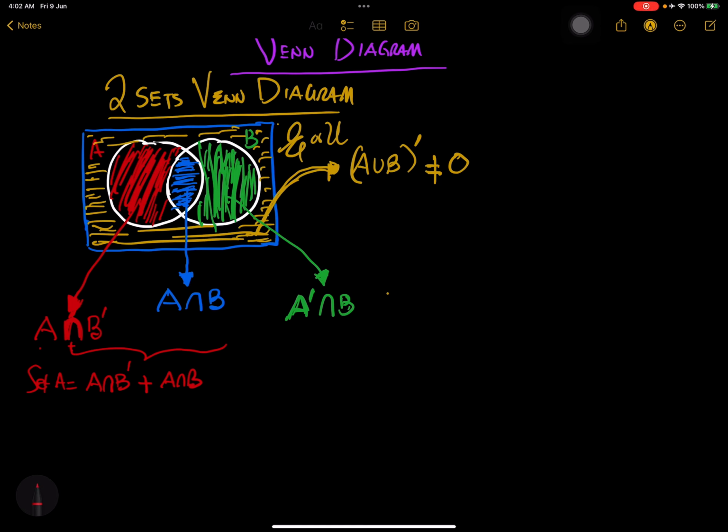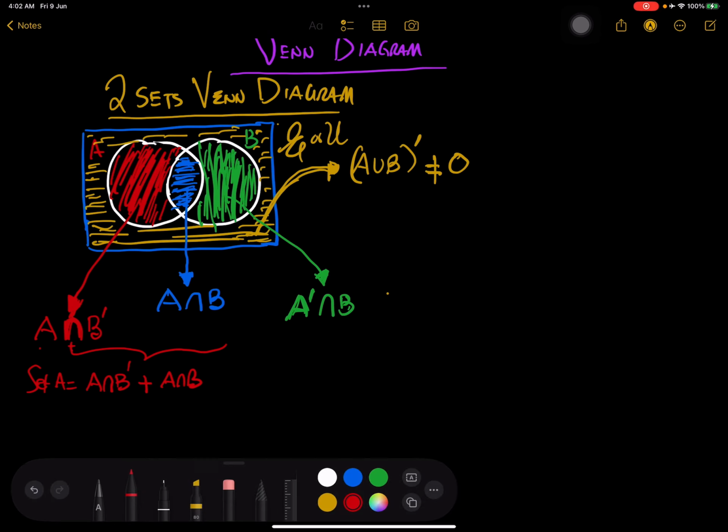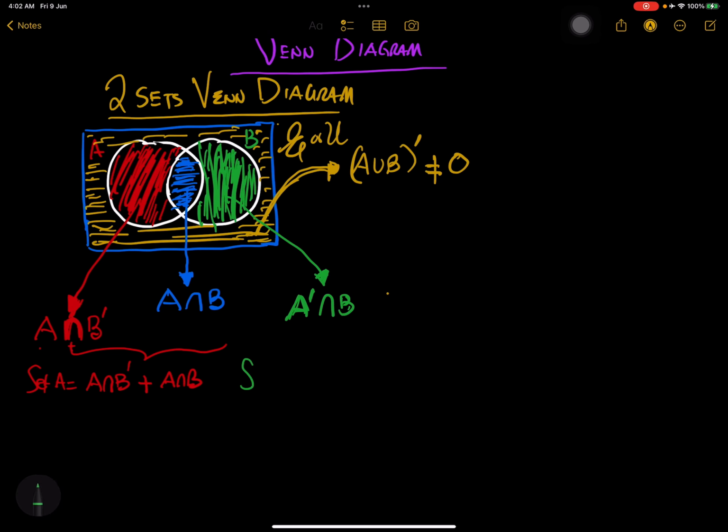Now we can also say that set B is this A intersection B added to not A and B. These two.